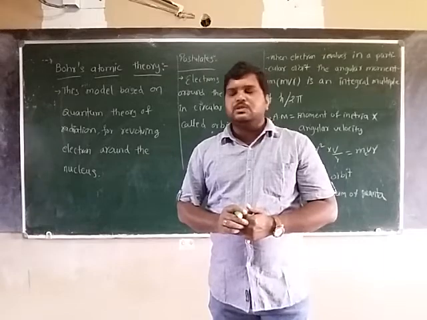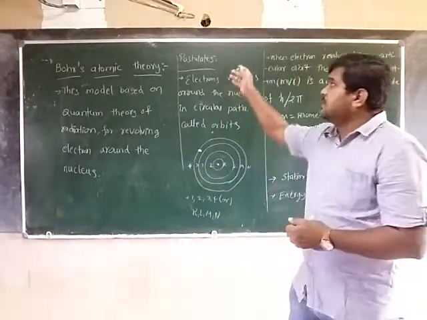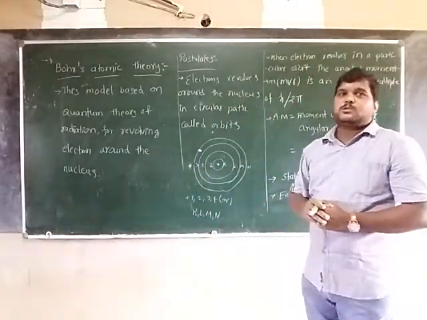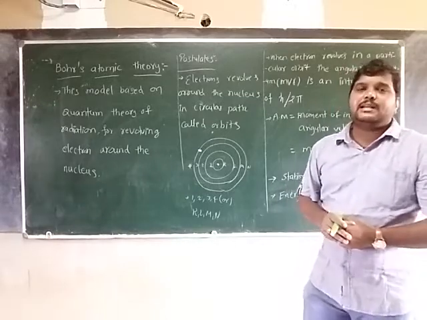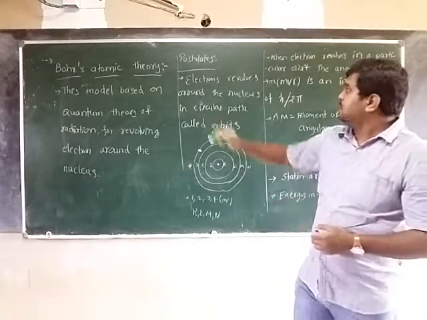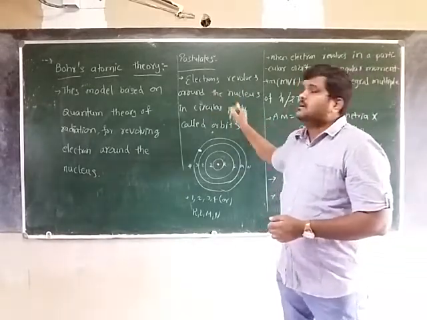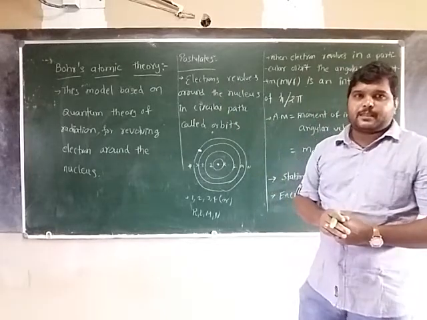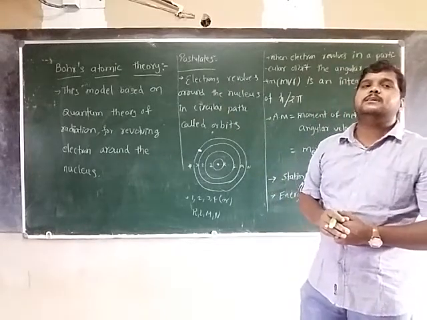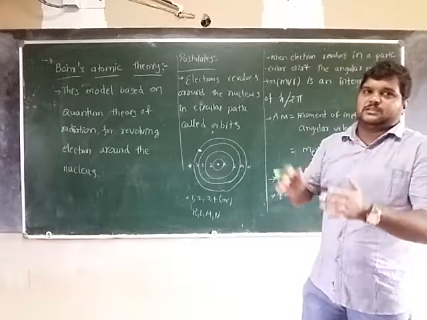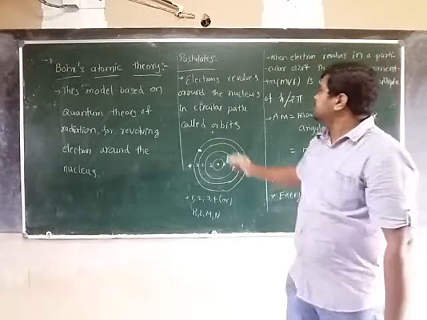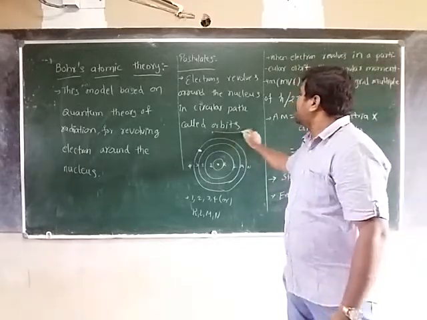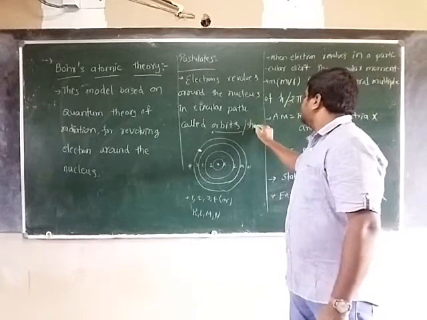Is it clear? And what are the important points of Bohr's atomic model? When electrons revolve in circular paths around the nucleus, they are called orbits or shells.